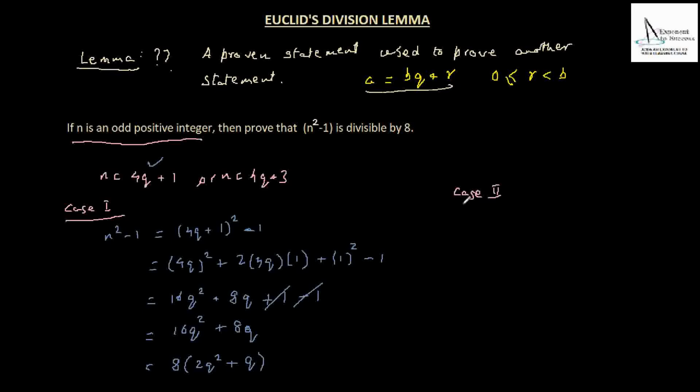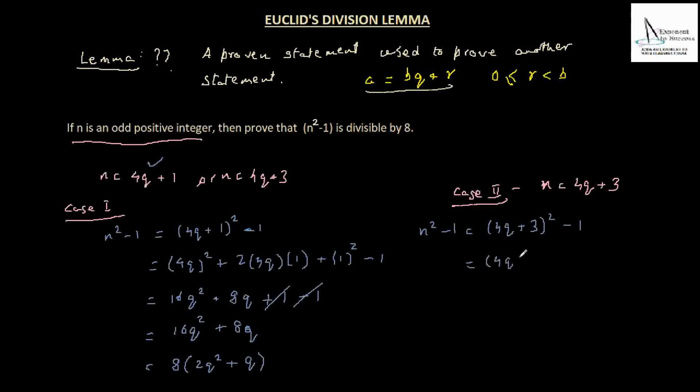Let's look at case number 2 now, where we take n as 4q plus 3. Again, it's a simple thing. We are again going to take n square minus 1, and instead of n now, we are going to take 4q plus 3 whole square minus 1.